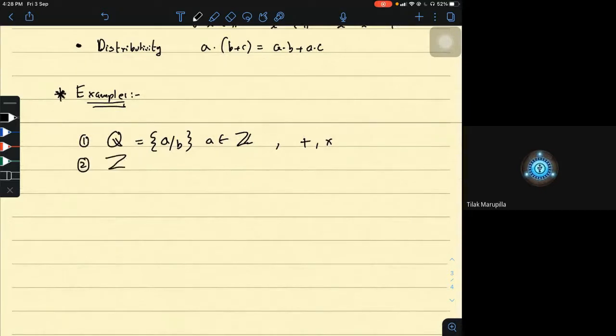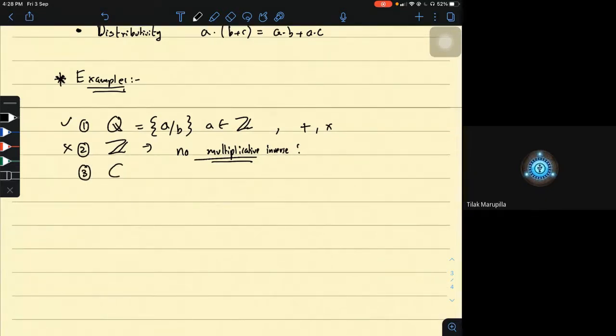The integers are not a field. This is a counter example. They're not a field because they don't have the multiplicative inverse. The most relevant field to us is the complex field.